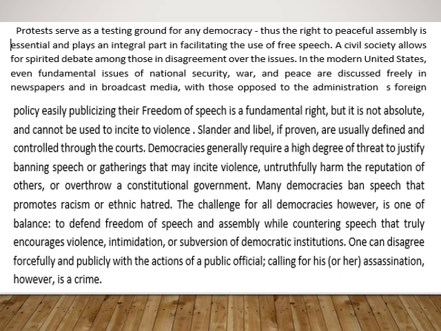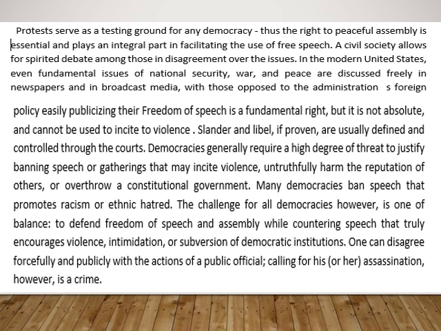The challenge for all democracies, however, is to create a balance: to defend freedom of speech and assembly while countering speech that truly encourages violence, hate, or subversion of democratic institutions, which could increase racism or at least threaten the social cohesion of the community in a way.